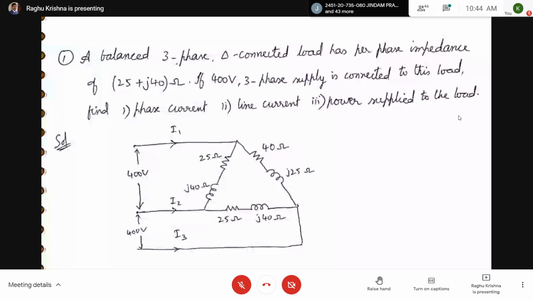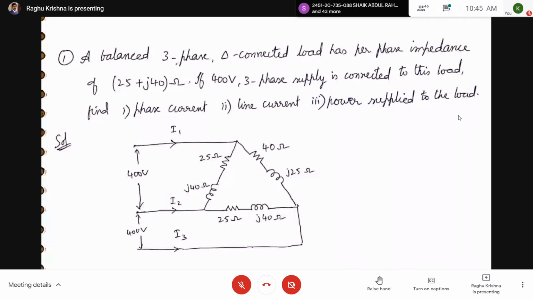A balanced three-phase delta connected load has a per phase impedance of 25 plus J40 ohms. So impedance consists of resistance plus J times reactance. That means J40 is the inductive reactance, the impedance offered by the coil.